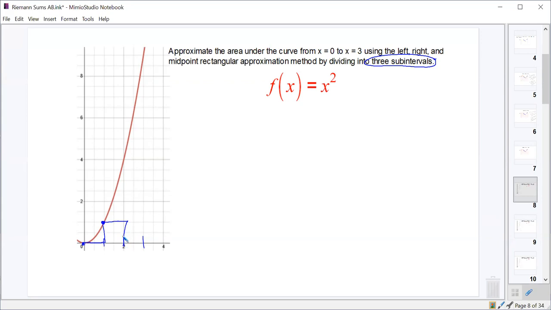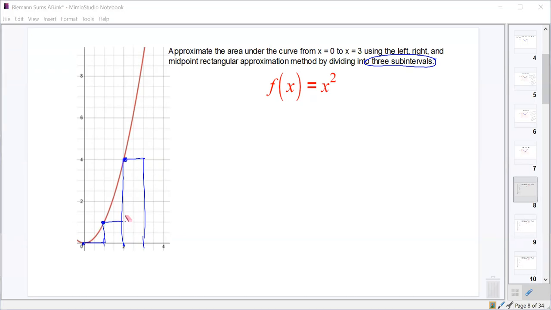And the last one should be 2 squared. Should look about like that. Hey, that rectangle is finally pretty good. Good or no? Good. Yep.